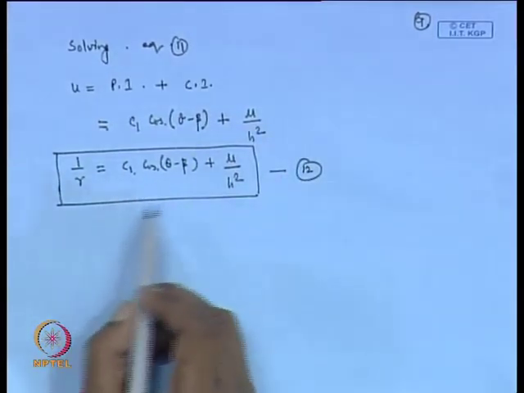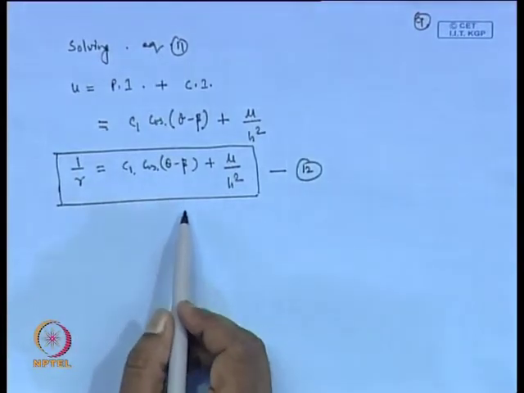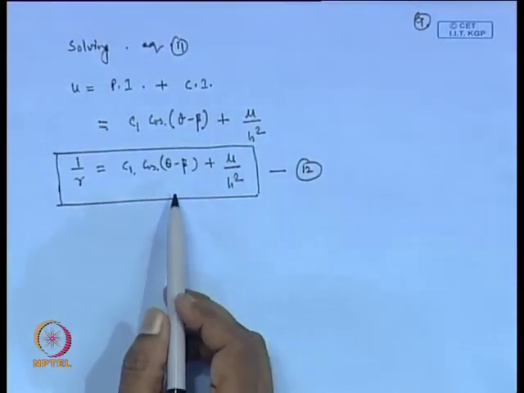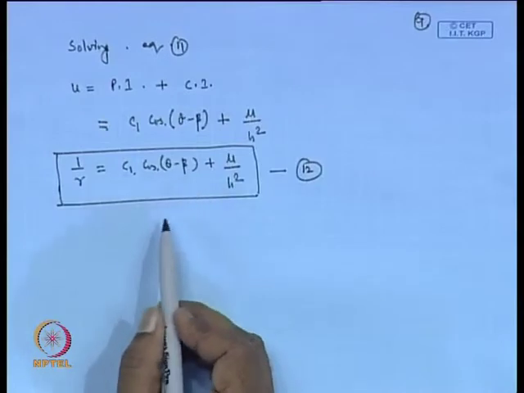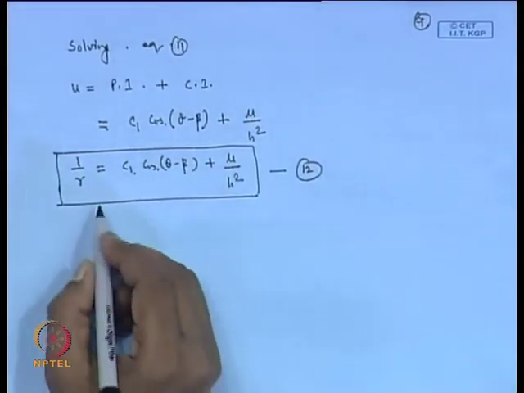Okay. We can further simplify it and put it in a standard format, which is known as the equation of the conic section. So, let us modify this a little bit.